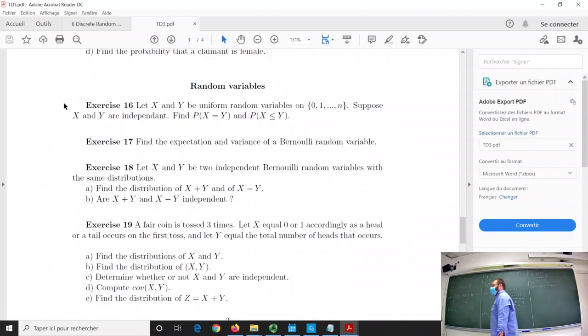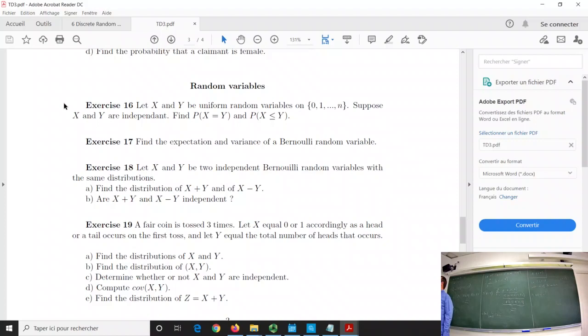And since I have a partition of the universe, I can use the law of total probability, which tells me that the probability that X is less than capital Y may be written in this situation as a finite sum. So we start at 1.